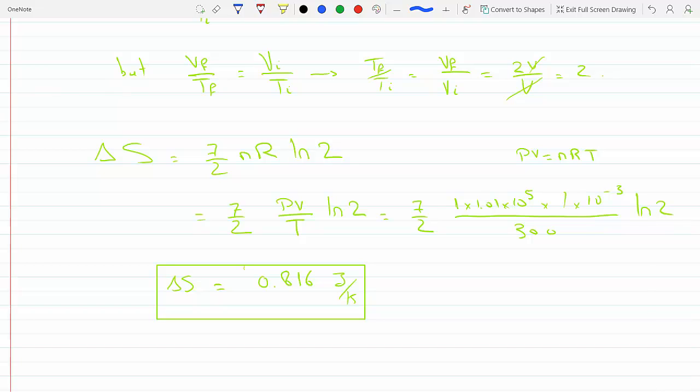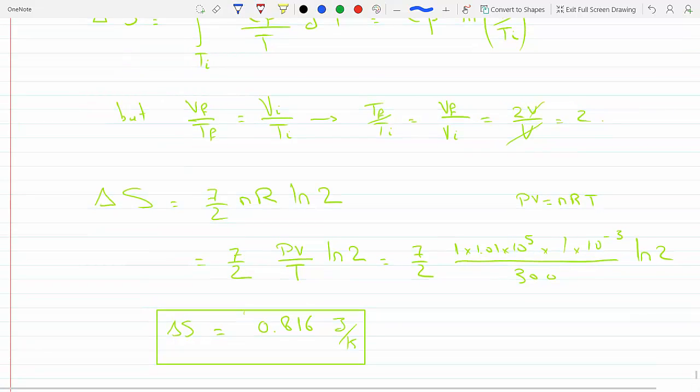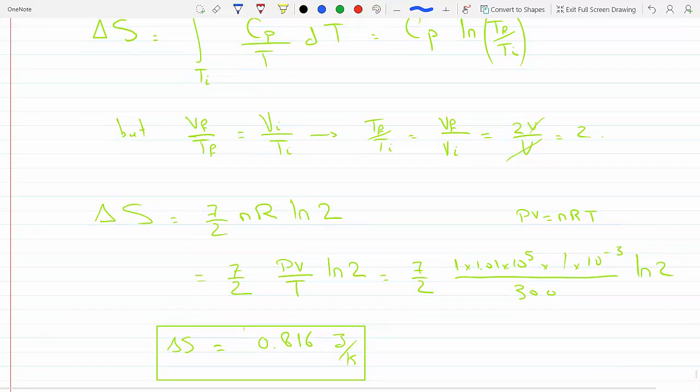I changed that to cubic meters, so multiplied by 10 to the minus 3, and then I got a positive increase of entropy as a result of this process of 0.816 joules per Kelvin.